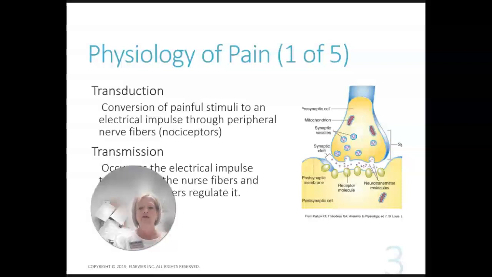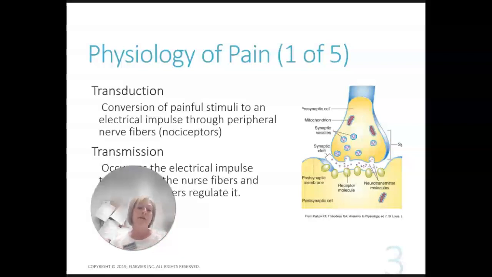When cellular damage occurs, through whatever thermal, mechanical, or other means, it releases these neurotransmitters: prostaglandins, histamines, bradykinins, and substance P. These pain sensitizing substances surround your pain fibers and spread that message, causing an inflammatory response.